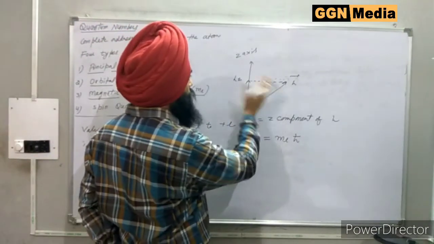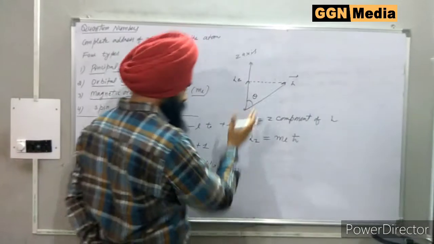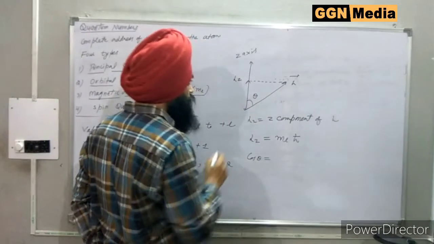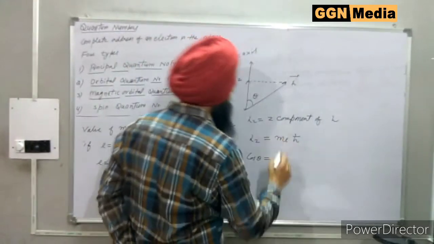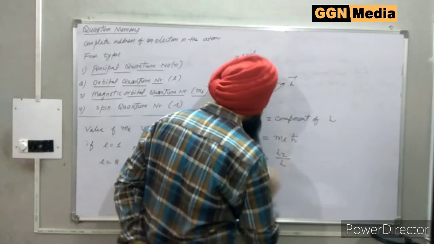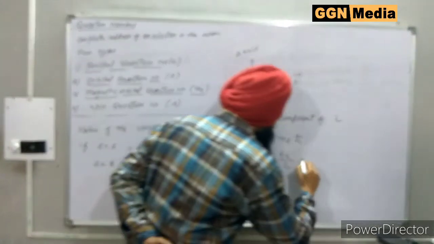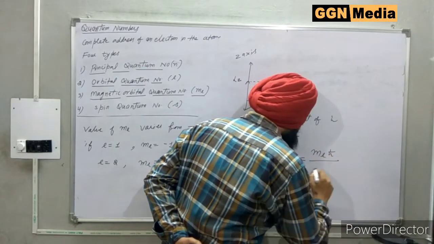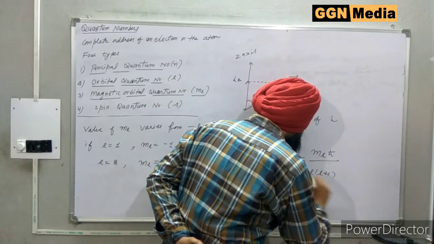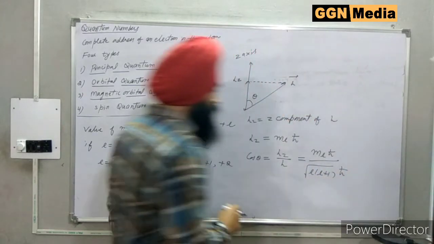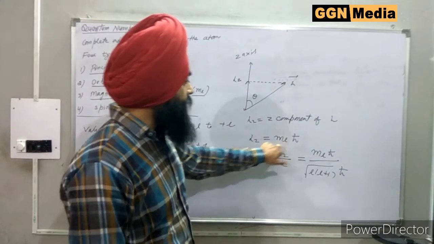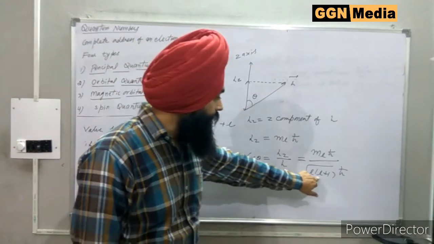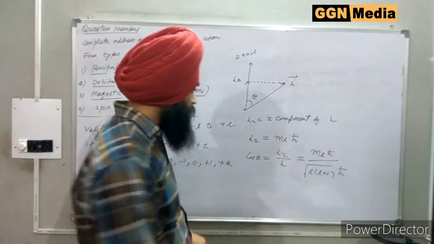According to this diagram, cos theta is equal to Lz upon L. We put the magnitude of Lz, which is ml h cut, and the magnitude of L, which is square root of L into L plus 1, into h cut.